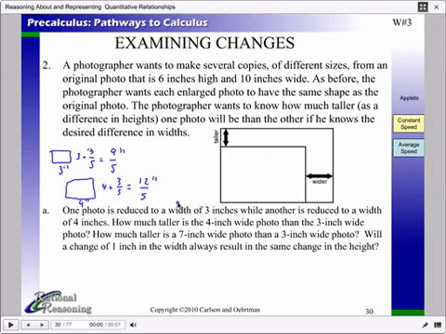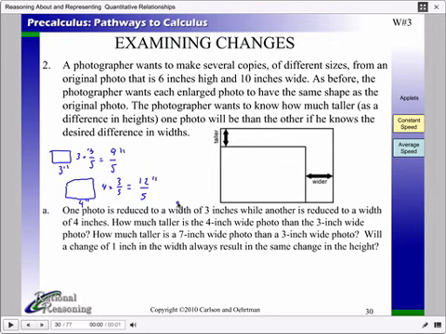What kind of reasoning did I use to find these heights? Did I scale? So I found height 1 by taking my 3-inch width and multiplying it by 3/5. Scaling factor or constant multiple?